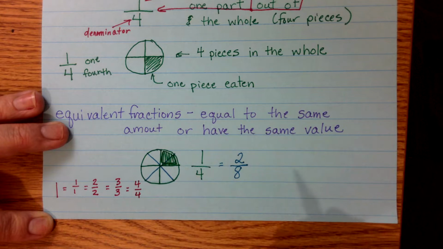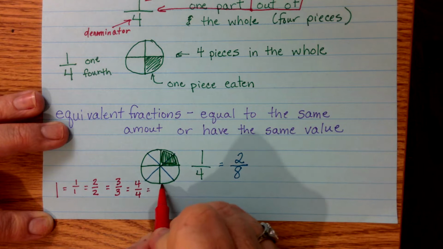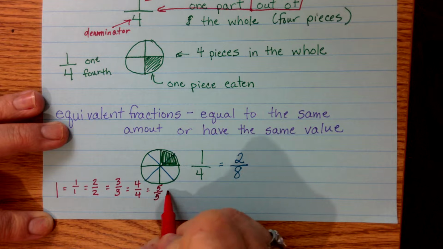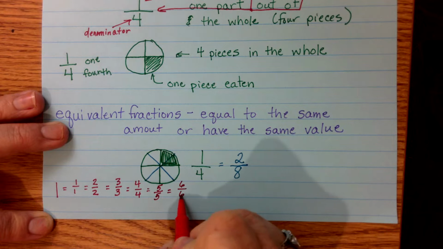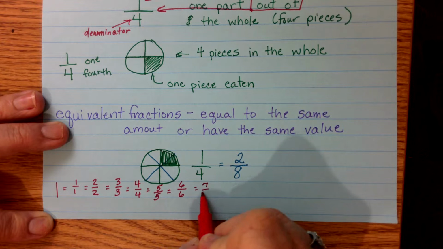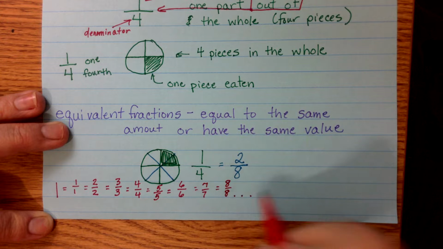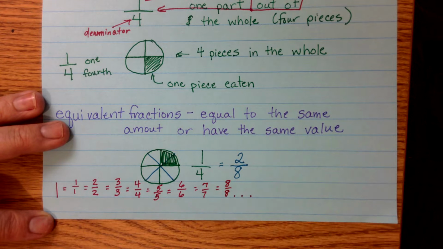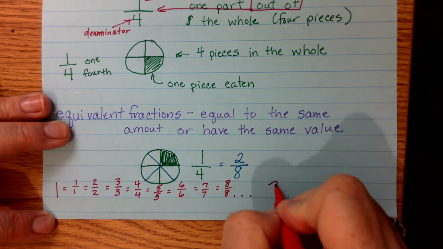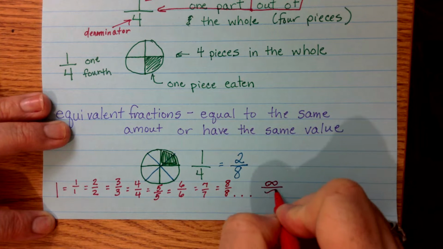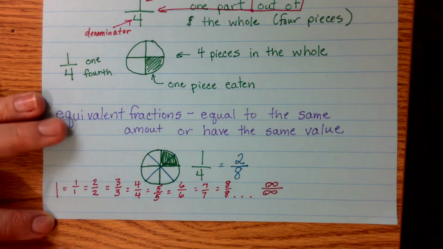These are all equivalent fractions. 5/5, 6/6, 7/7, 8/8, all the way on. Go infinity over infinity, and that would be an equal fraction. Infinity over infinity. That would still be 1.